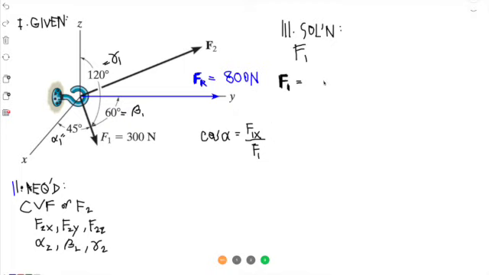So let's just plug that in here really quick. The magnitude of F1 is 300 newtons.